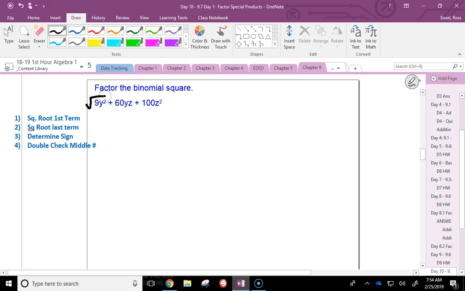So if I do the square root of 9y squared, we would get, okay, so I'm going to get 3y. And remember, they're wanting this as a binomial square. So we're having 2 terms in the parentheses and then we'll square. Second step, they want us to square root the last term. So it's the square root of 100z squared.